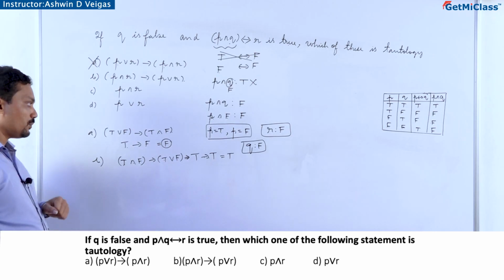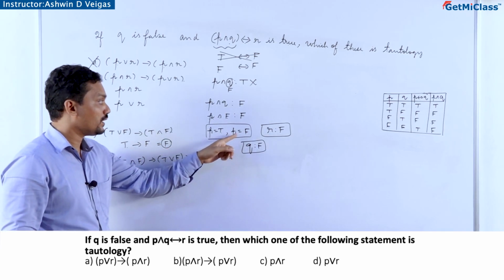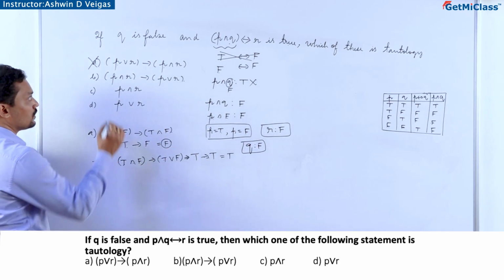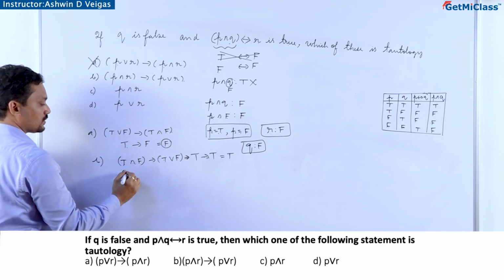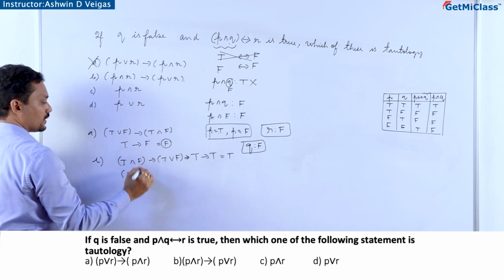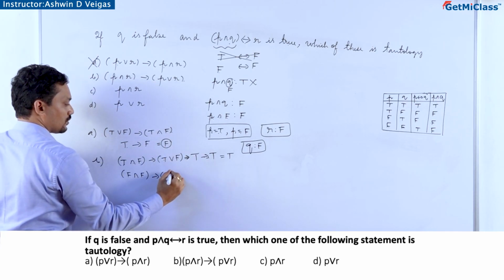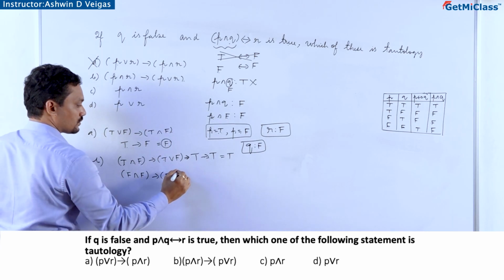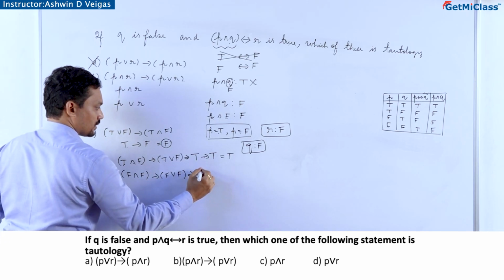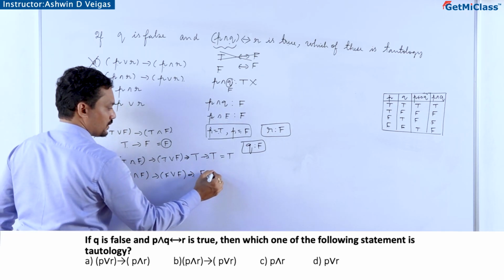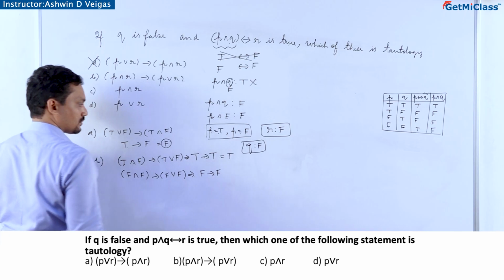Now, do not tick B as the answer yet, because they have asked for a tautology, but you have to check for P as false also. Because P can have both values, always remember that. So, P is false and R is false, then P and R is false and false, which is false, then P or R is false or false, which is false.